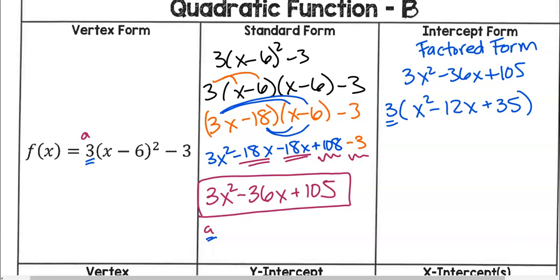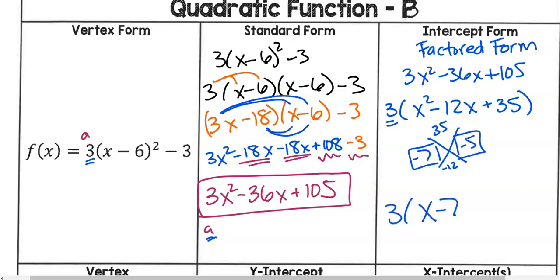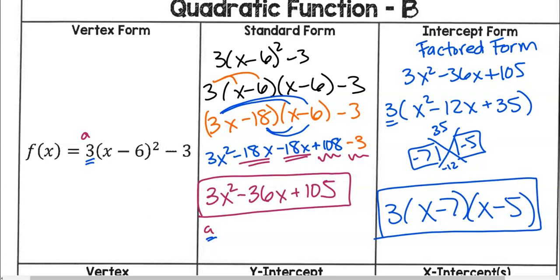What multiplies to give me 35, but also adds to give me negative 12? All right, what kind of a 7 and what kind of a 5? Beautiful. So we have 3 times x minus 7 and x minus 5. And there is my factored form. Still with an A value of 3. All of my A's match.